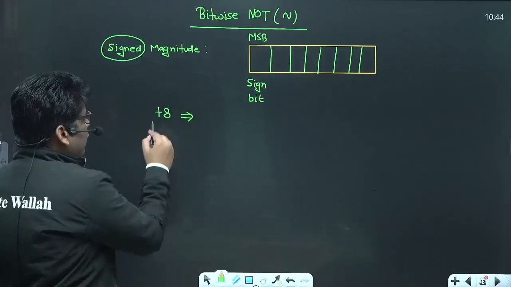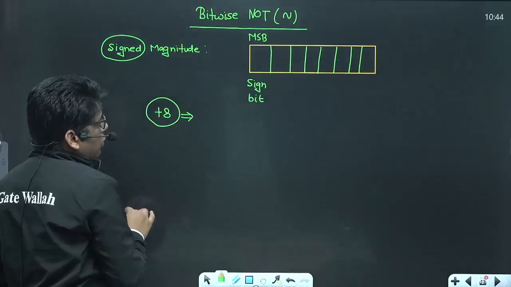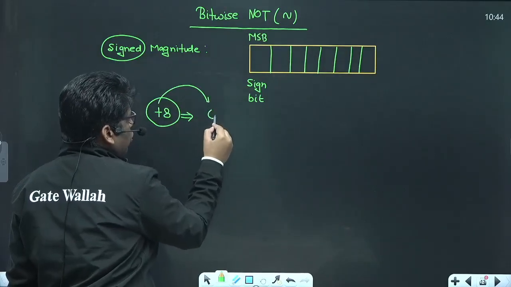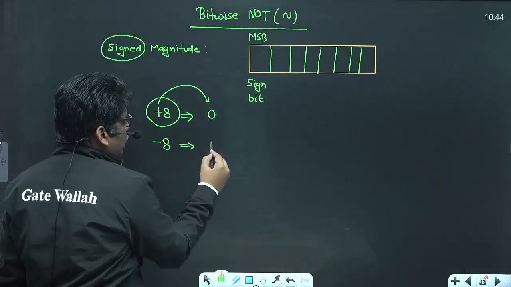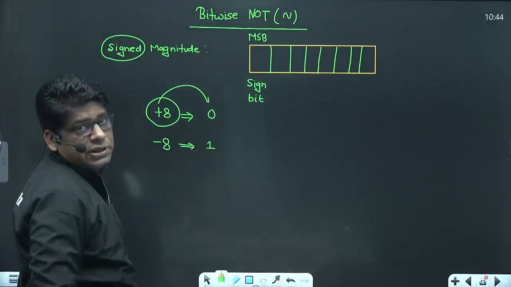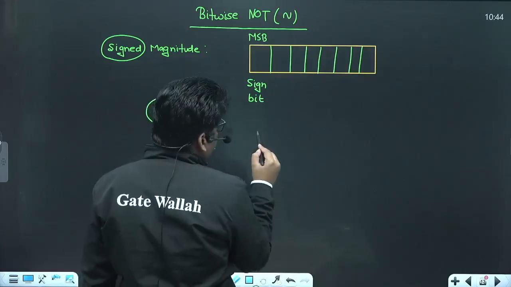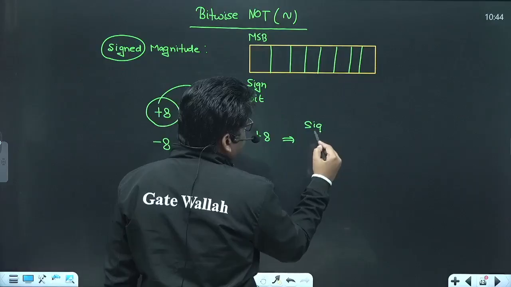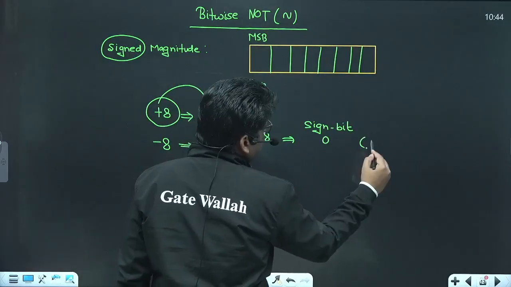So if I wanted to store plus of 8, sir, the sign bit for plus is 0 and the sign bit for minus is 1. So try to understand. If we want to store plus of 8, the sign bit becomes 0 because it is a positive number.